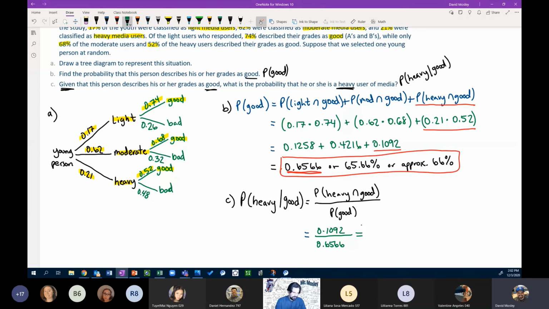And we get a number in the calculator. 0.1663, approximately. A little bit more to that decimal. We can also write that as 16.63%, or approximately 17%.